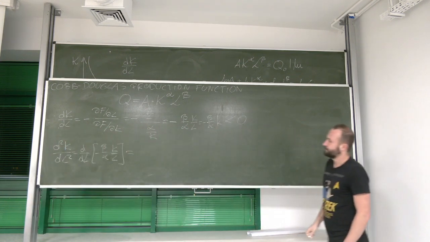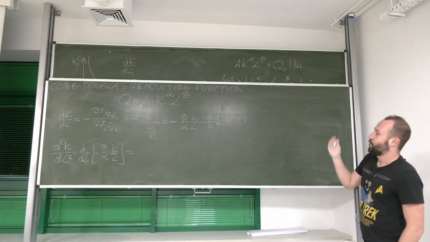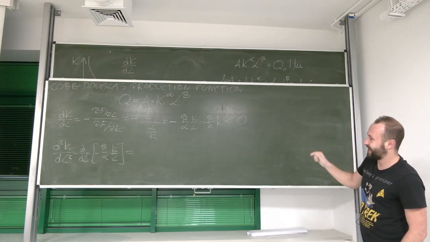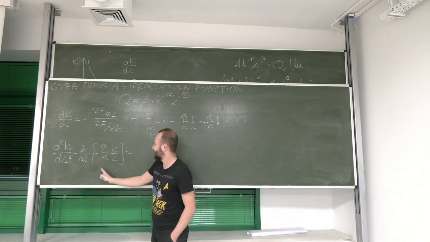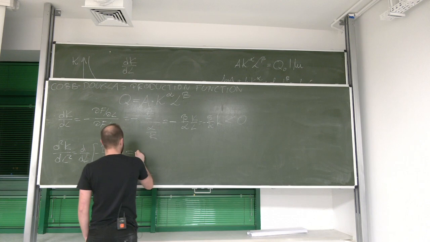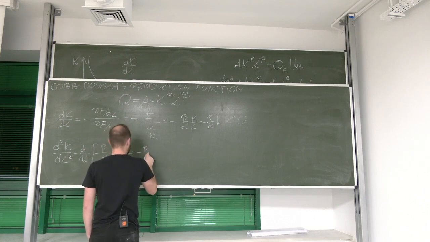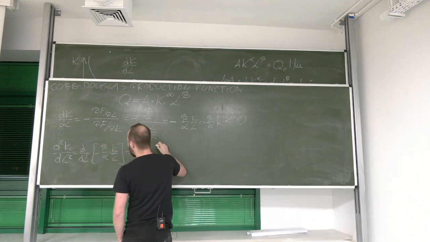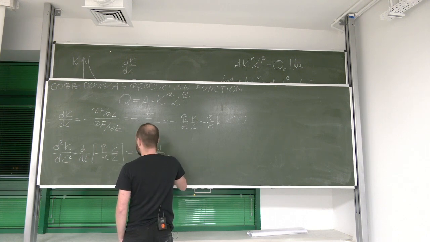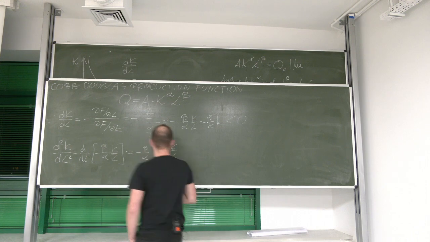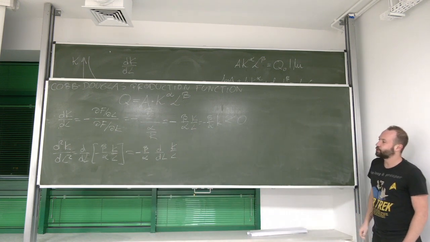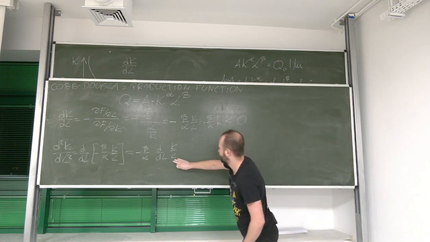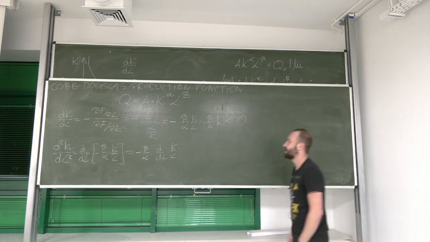Okay, now in this case, we see that those are constants, right? We can take them out of the derivative. And look, all we need to differentiate now is k over l. And it might seem tempting to just treat k as a constant.